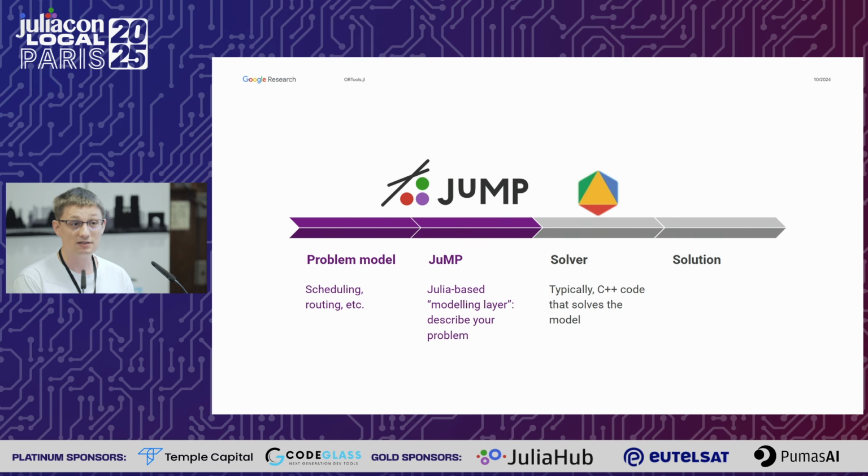Then you give this model through a solver, which is typically C, C++, Fortran code, to solve the problem. And the solver gives you a solution. And where ORTools comes in is really for this solving part, where you have a lot of solvers for your problems.